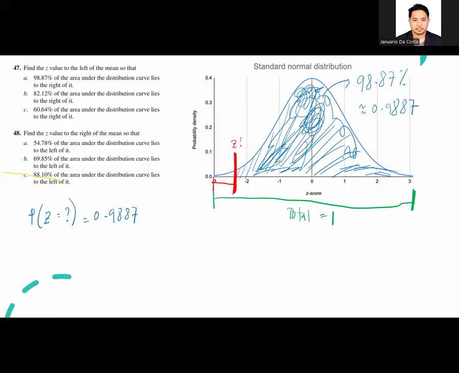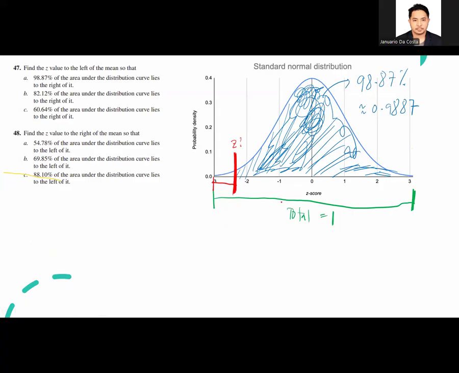But the probability of the z value can be represented by 1 minus the probability of that red value. Okay, I'm wrong, I think I wrote it mistakenly.